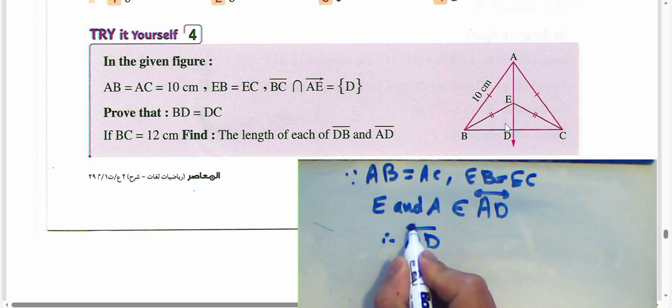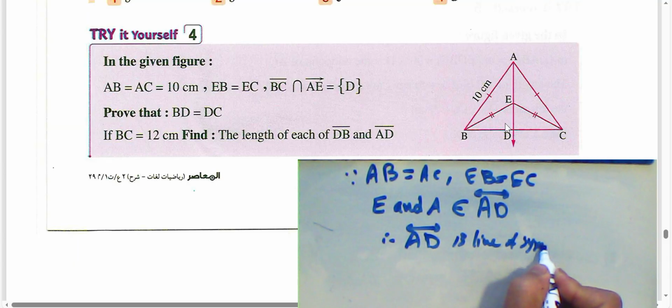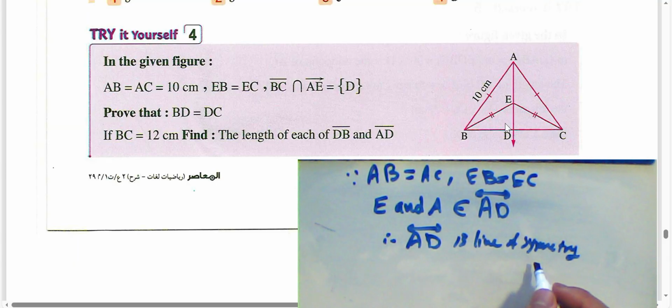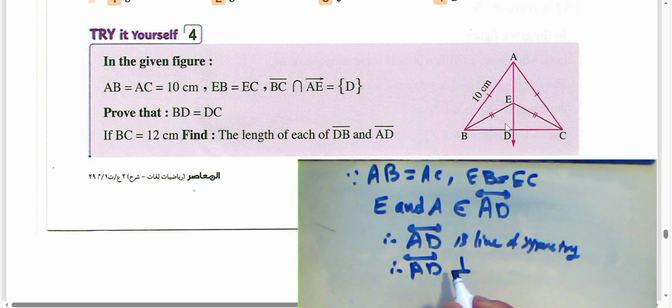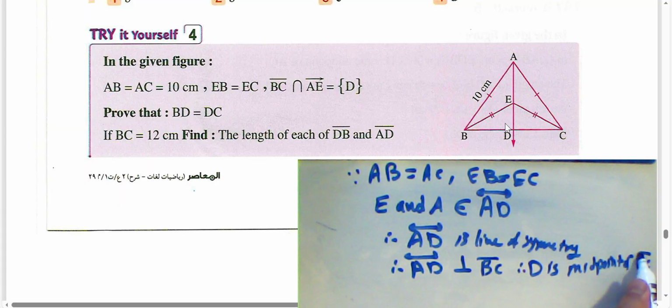Then ED is the line of symmetry of this triangle. Then ED will be perpendicular to BC, perpendicular to the base. Then D is the midpoint of BC. It's the midpoint of BC.